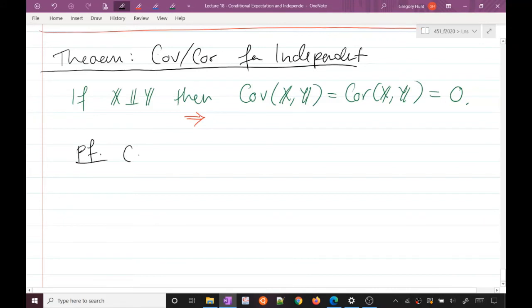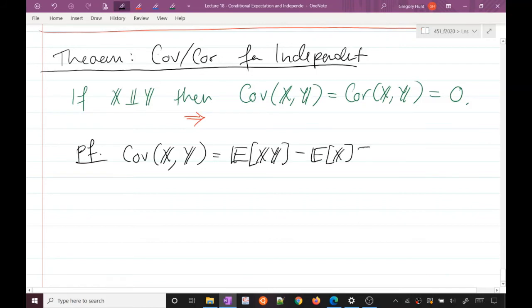The forward direction says that, first of all, let's just look at the covariance, right? The covariance, we have a shortcut formula. It's the expected value of xy minus the product of the expected value of x times expected value of y. And I can factor these things. If x and y are independent, I can factor the expected value of x times y like this.